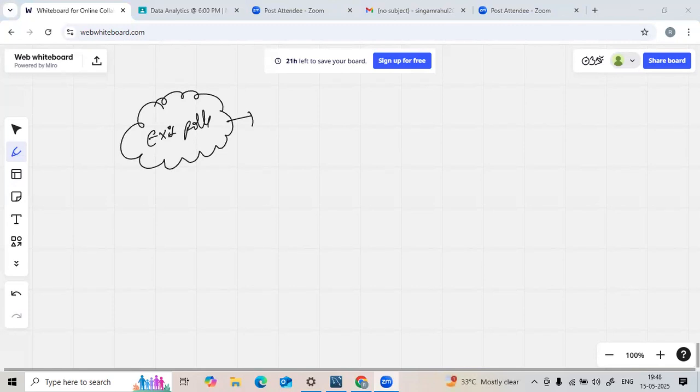Yes, Nikita, exactly. Whenever we consider exit polls, just tell me one thing. You want to know which party is going to lead or win in a particular constituency.